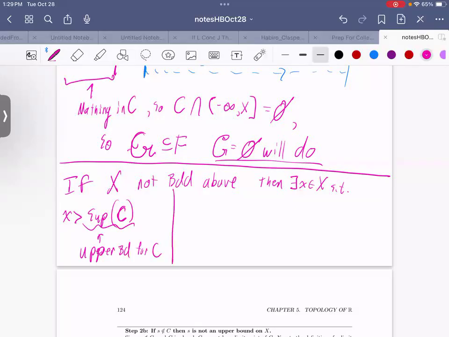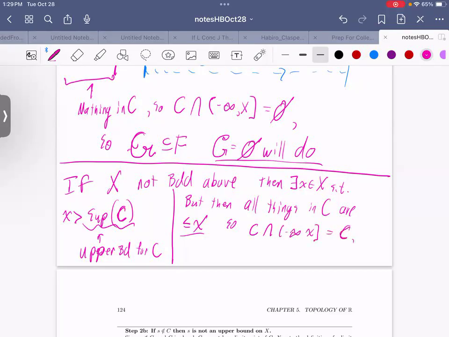Oh, wait, that's interesting. But then all things in C are less than or equal to x. This is very informal, so that's okay writing. So C intersect negative infinity to x is equal to just C.